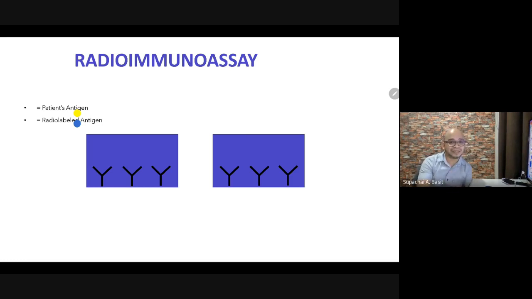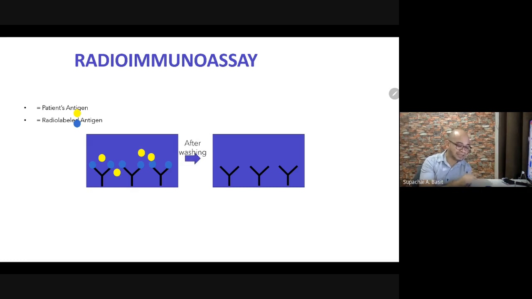So let's have two scenarios. The first scenario, you have the radio-labeled antigen, and radioimmunoassay is considered to be competitive, no? Because patient's antigen and radio-labeled antigen compete for specific binding sites.